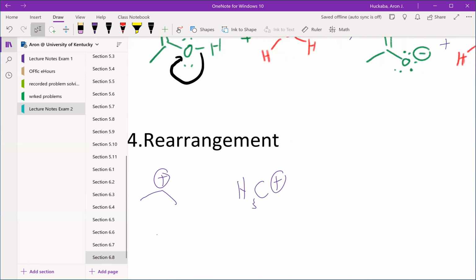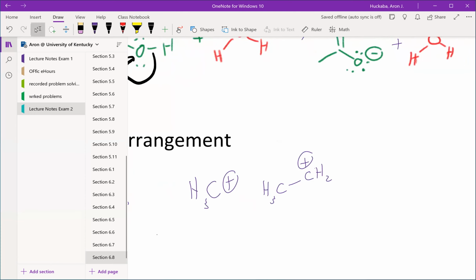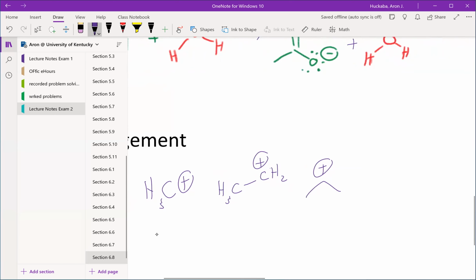But as you add more carbons onto the carbon that has a positive charge, ethyl cation here, it is a lot more stable than the methyl cation, and the 2-propyl cation is more stable than the ethyl cation, and the tertiary butyl cation here is way more stable than all 3 of them combined.